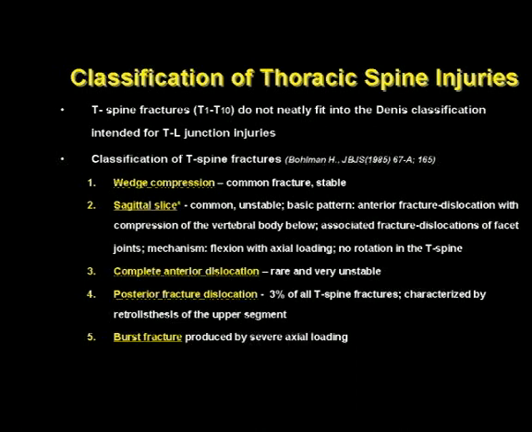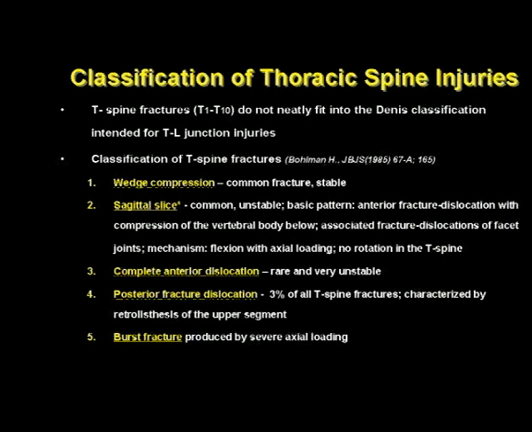The posterior fracture dislocation is like the gentleman I just showed you here who had non-contiguous fractures. And these are not terribly common. They're usually extension injuries. In the past, they used to call them lumberjack fractures from trees falling on the back of the lumberjack.